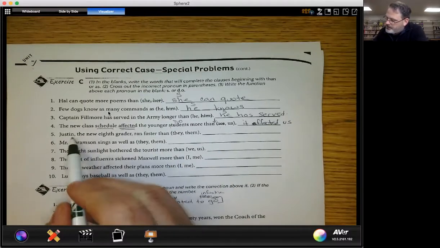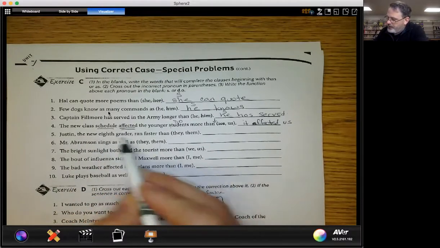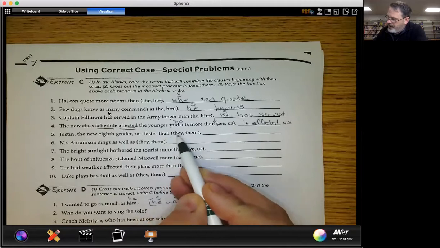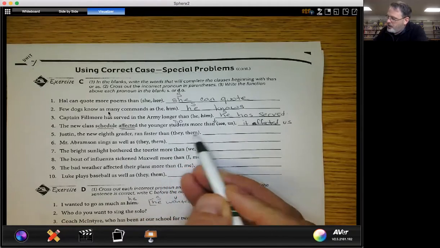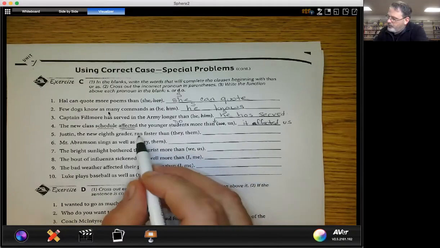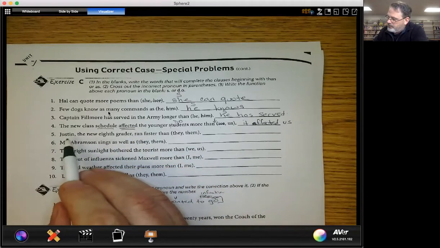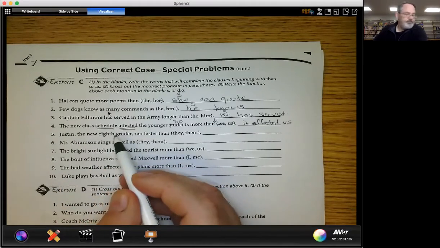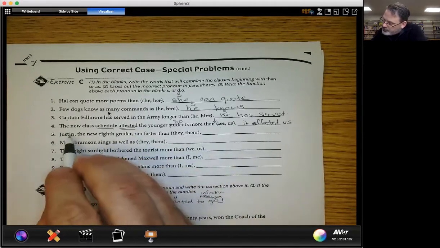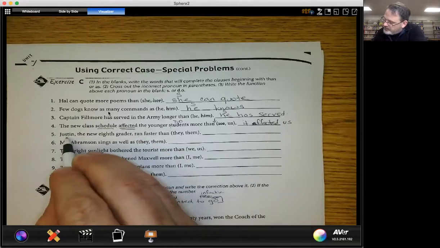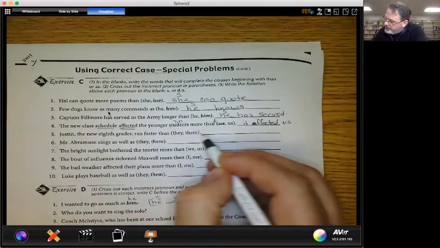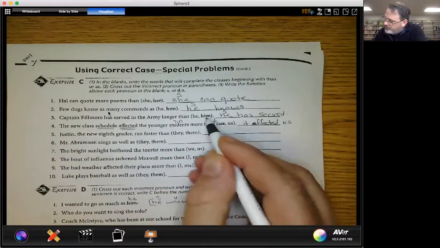Okay, Justin, the new 8th grader, ran faster than they or them ran. Okay. Justin ran, subject, then them or they is going to be a subject and ran.